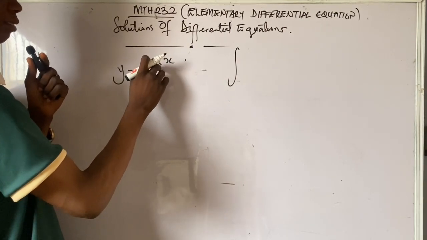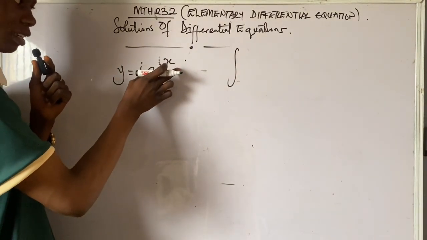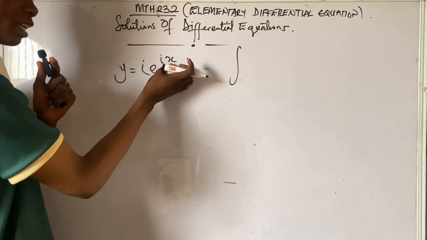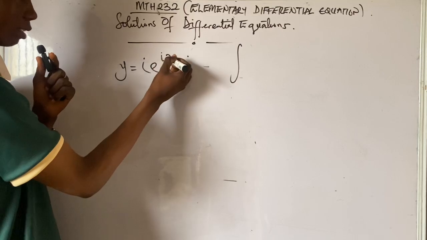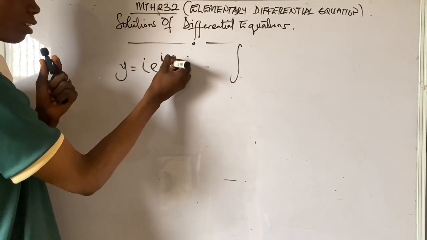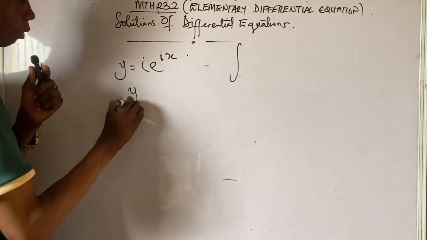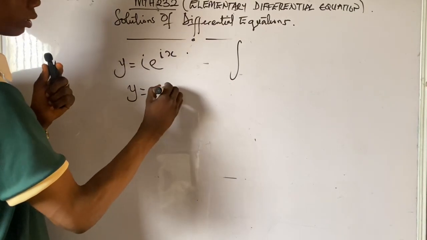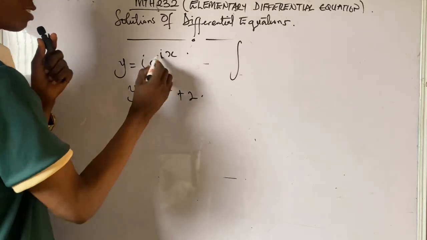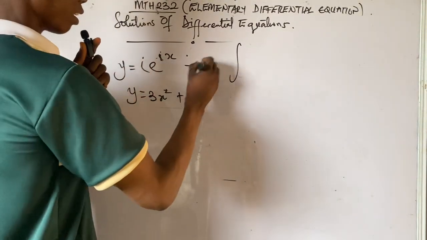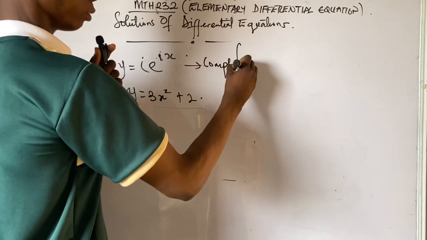So I can say this is in the set of complex numbers, but x is a real number here. It is the imaginary part of this complex number ix. Another one is y equals 3x squared plus 2. The first has i in it. This one doesn't have any i. We call the first a complex solution.